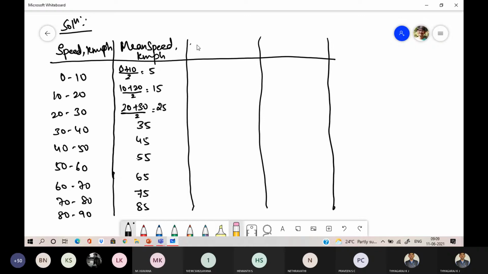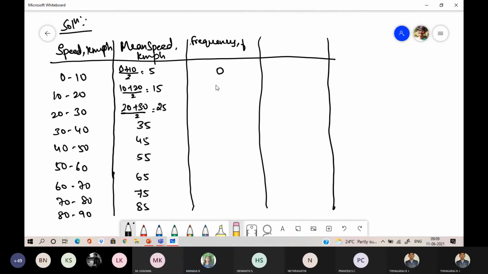Next is frequency. Frequency means the number of vehicles observed. In the speed range 0 to 10, how many vehicles are observed? 0.